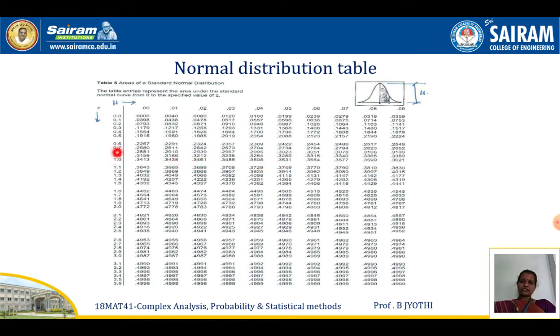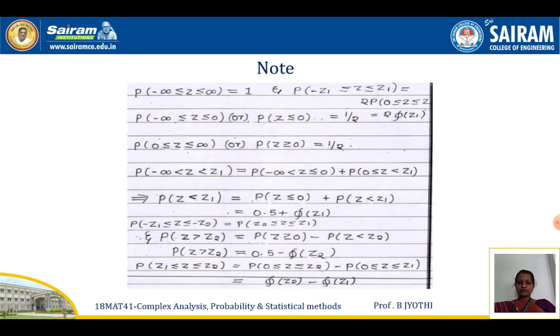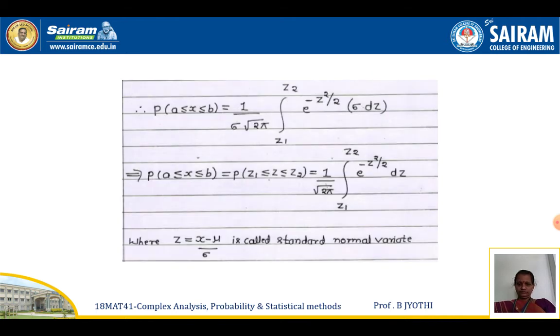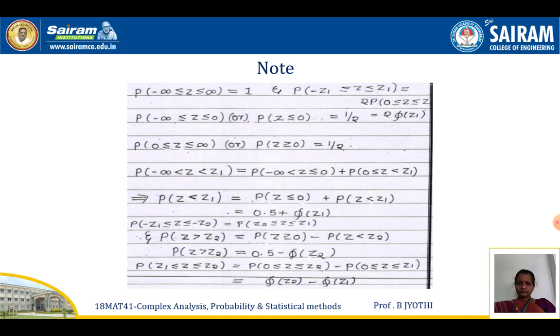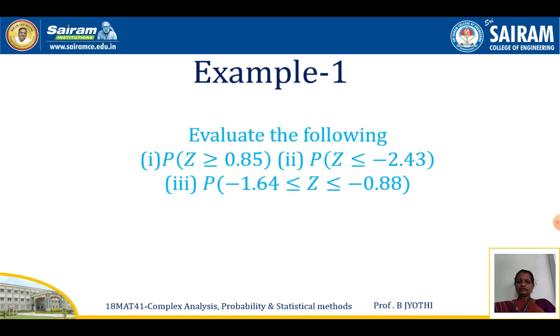Let us say for example, if you are taking 1.00, then it will be this value, or 1.01, this is the value, or 1.03, 0.3485, like this we can take. So these are all the values we can observe. How to refer to the table I have explained.